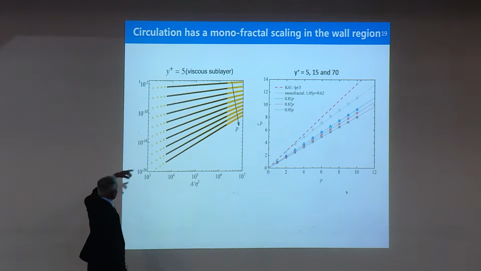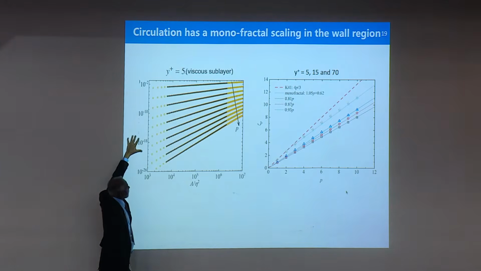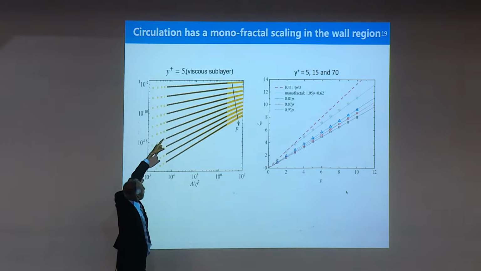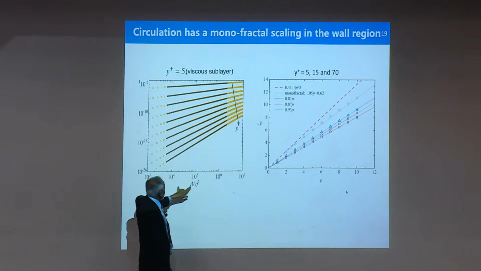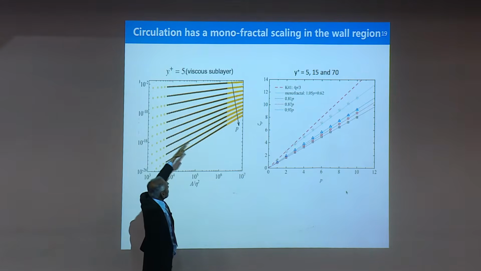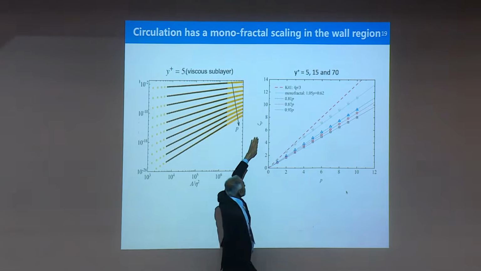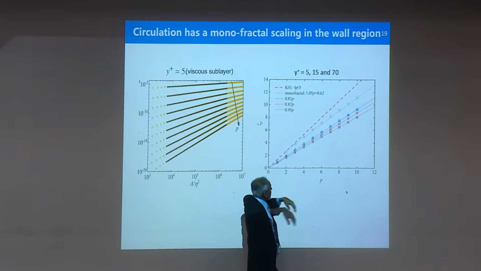So this one, I repeat the same thing. These are the moments of order p, p equals 1 to 10, I believe. And then here is the area, and I want to look for straight lines in this thing. And I am plotting the slopes as a function of p.